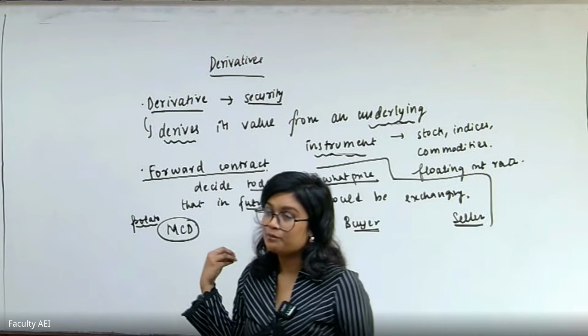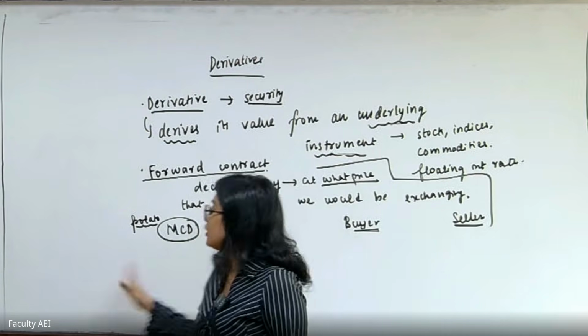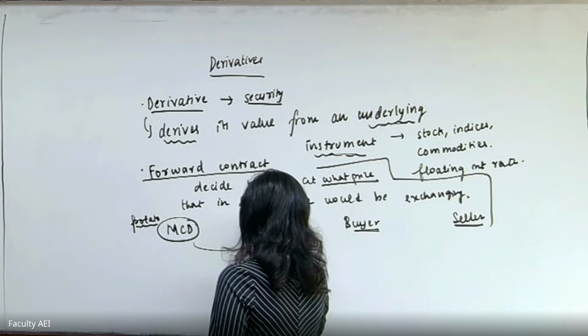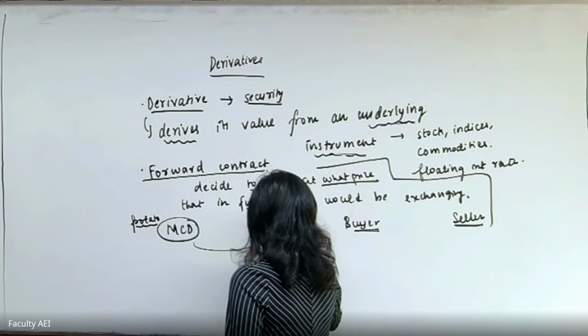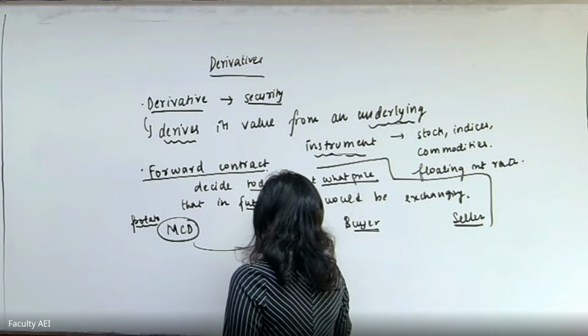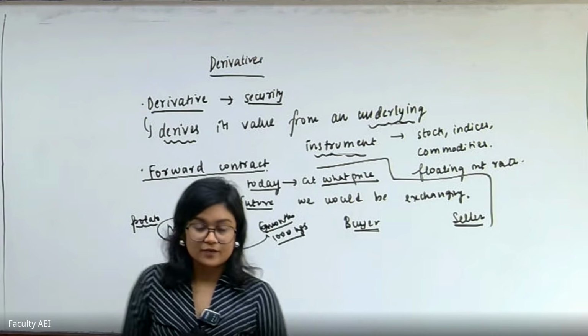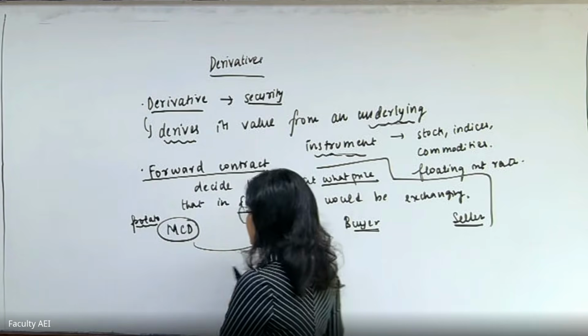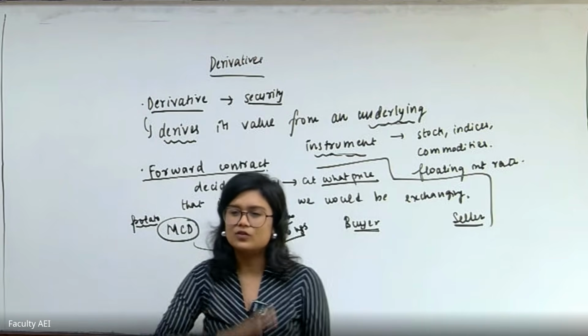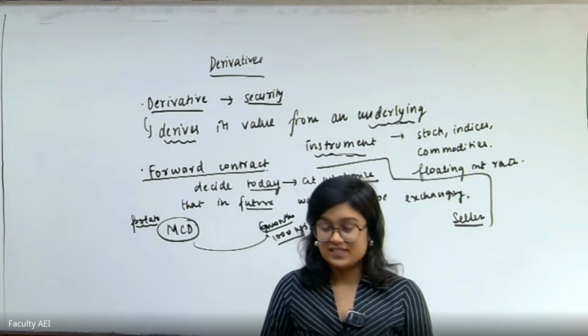This is the most important ingredient. Now, McDonald's knows that after 6 months, I would be needing 1,000 kgs of potatoes. These 1,000 kgs of potatoes I would be needing after 6 months, because I want to distribute them to my franchisees in India.